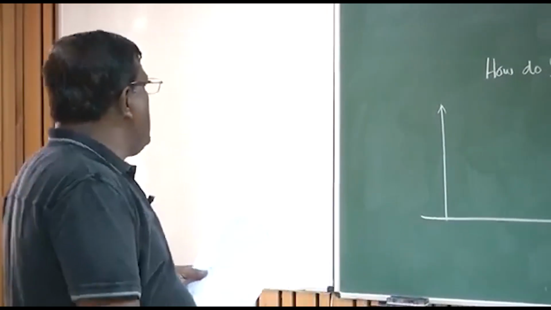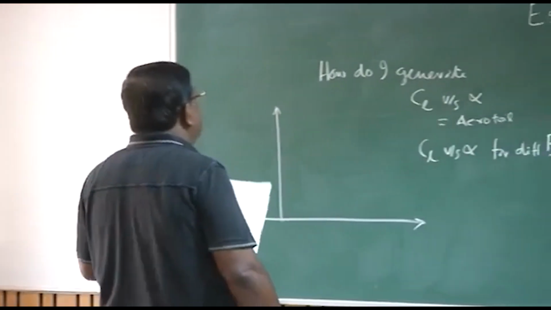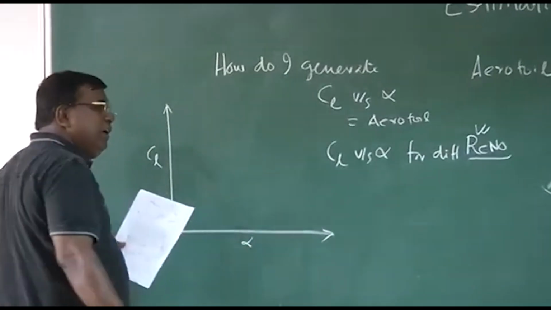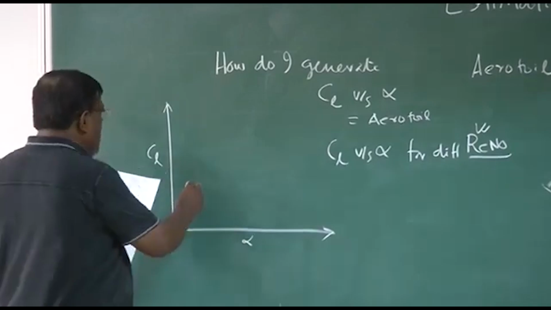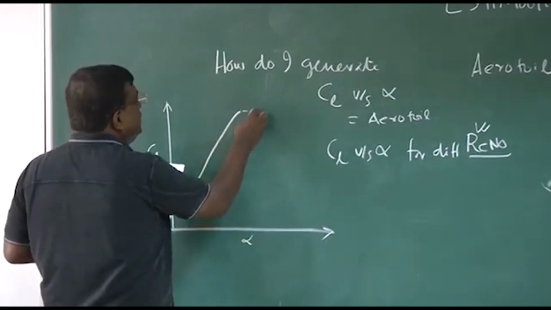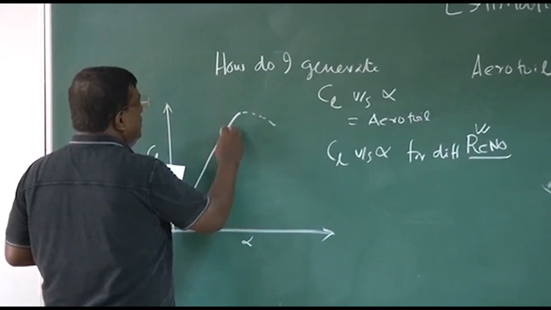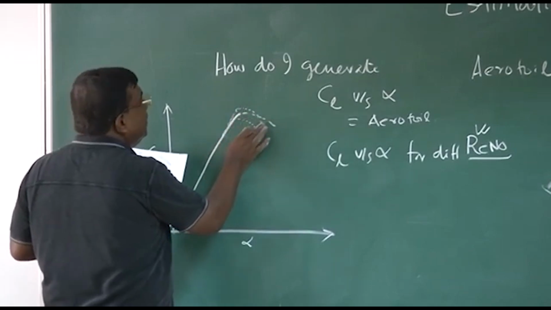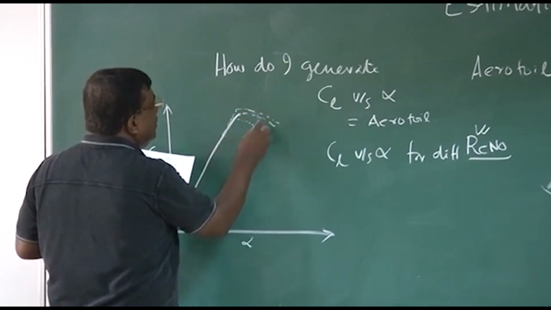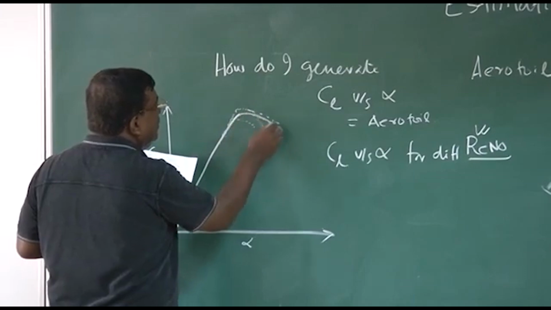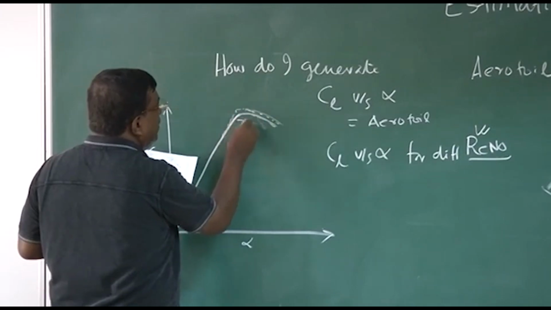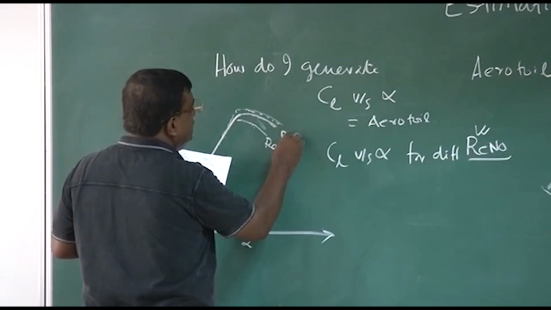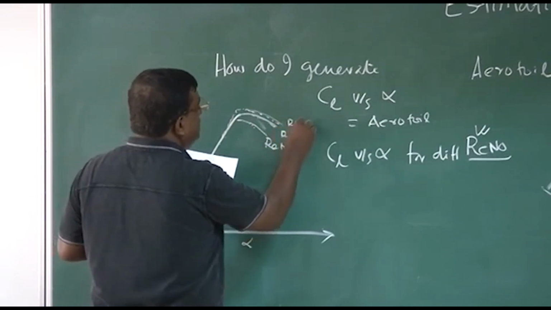But if you see this CL versus alpha graph for any aerofoil you pick up, you'll find it is given something like this, and here, for different Reynolds number 1, Reynolds number 2, Reynolds number 3.